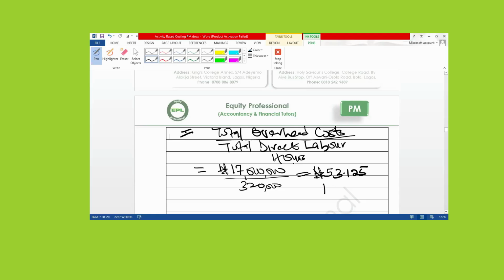Our absorption basis is labor hour. You are going to put per labor hour. Please reconfirm this calculation. Accurate. The overhead absorption rate per labor hour is 53 naira 0.125.